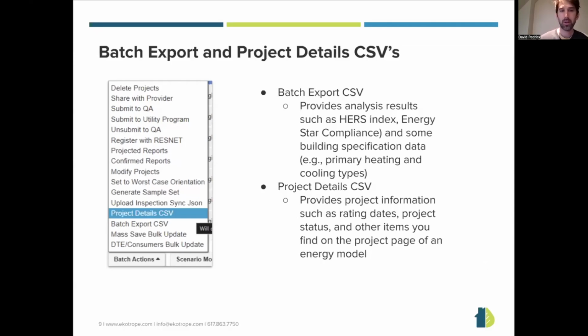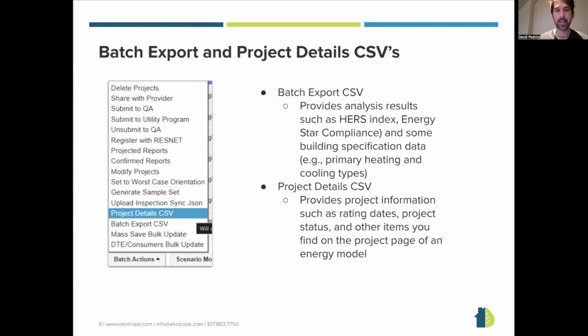The second export is the project details export, and this provides you all the information that's on the project page of the energy model. So that is the project status. Is it registered with ResNet? What's the registration date, registry ID, rating dates, address, builder, all the stuff in that project info screen for the most part.